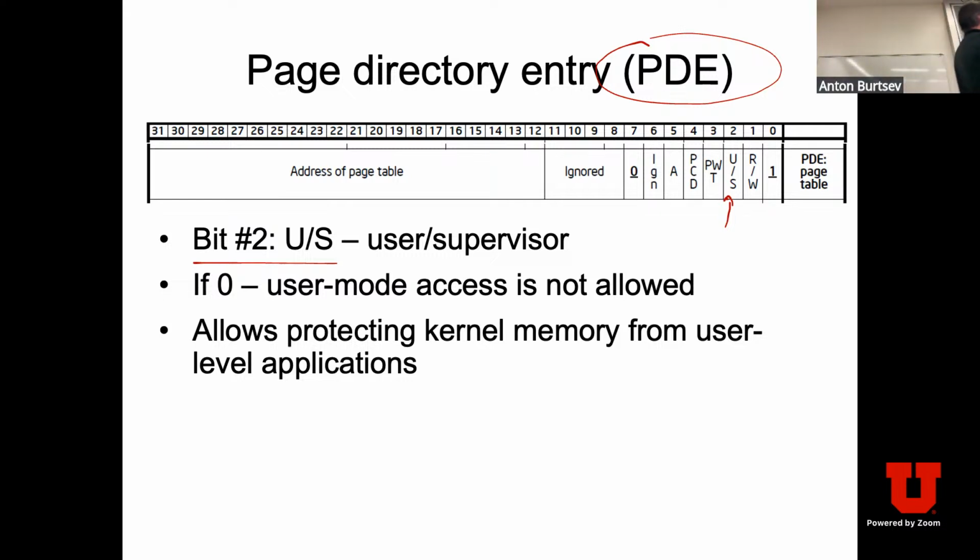Question? No, the hardware will blindly follow the translation. And if the translation terminates at the level of the page directory entry, you immediately get an exception. If you go a level down and there is a bit set, the operating system controls those bits, right?